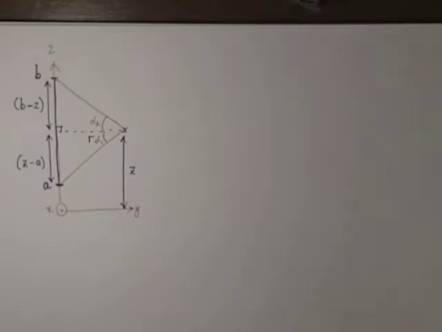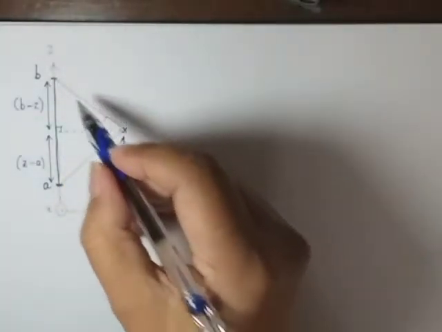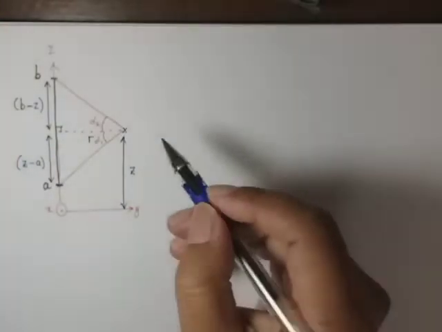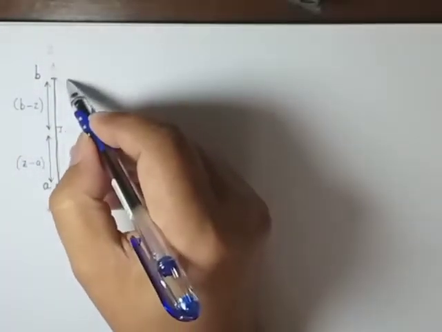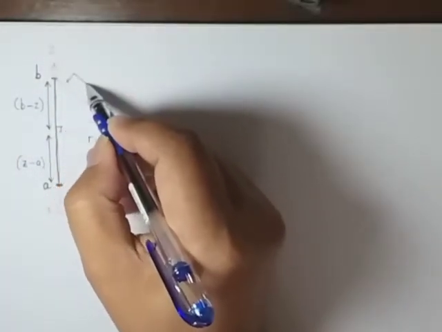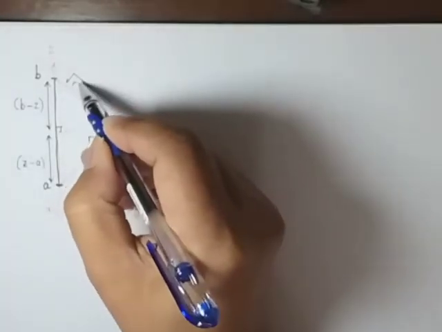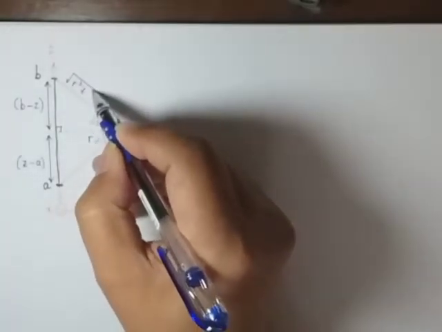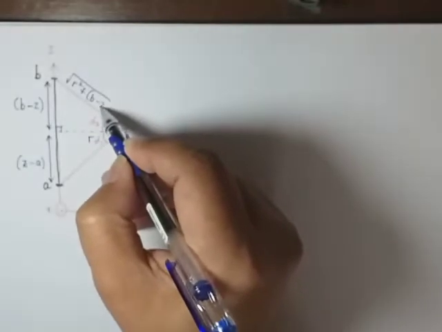Okay, so how about this length? What should be the length of this side of the triangle? Based on the Pythagorean theorem, it should be equal to the square root of r square plus b minus z square.